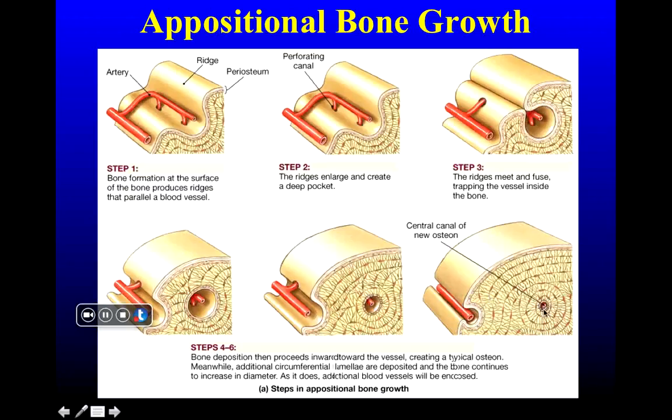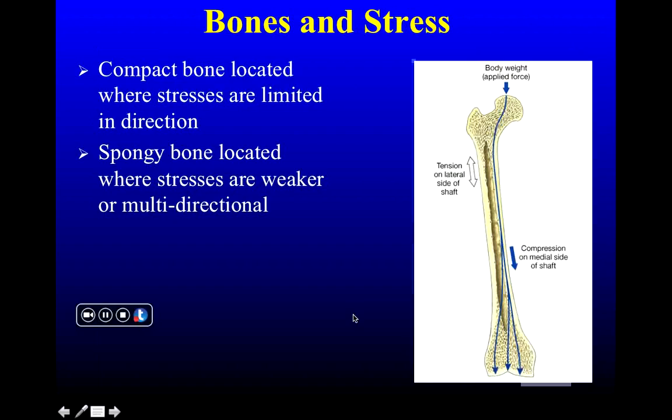And then you're going to have these canaliculi that this nutrient artery is now going to provide for the osteocytes that you matured into. So oppositional growth has to be around the blood vessel in order to sustain that bone. So you'll notice that as bone grows thicker in diameter, it's growing around these nutrient arteries. Pretty cool, huh? I think so.